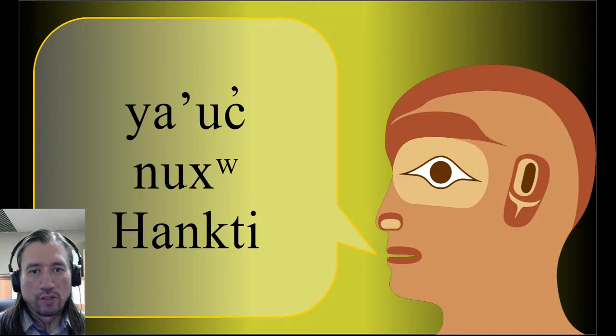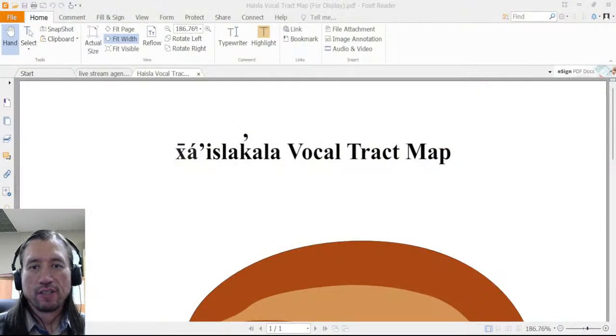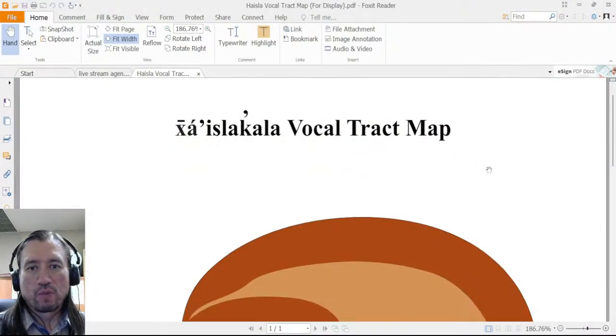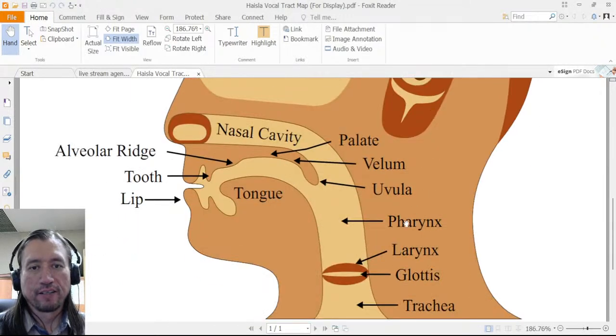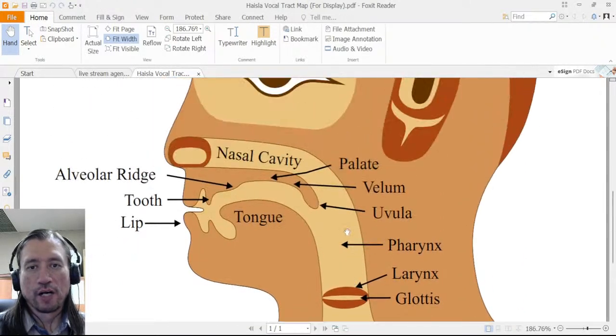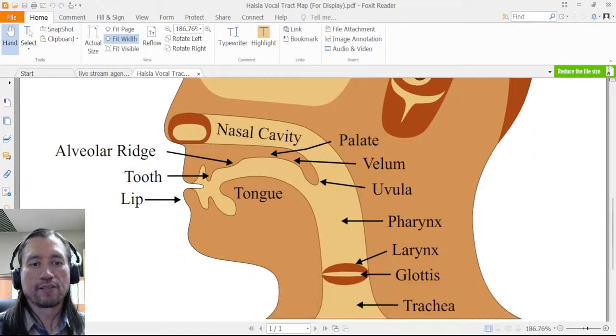What you see here on the screen is just Hank T on his own. I'm just going to switch to a different screen and go back to my PDF document. So what I came up with was this. I have the design for Hank T, and also show all the different parts of the vocal tract.